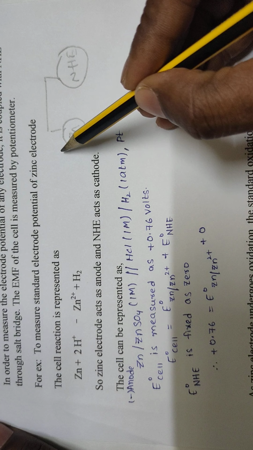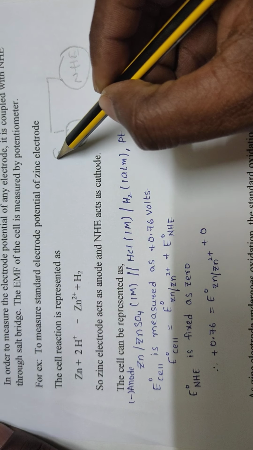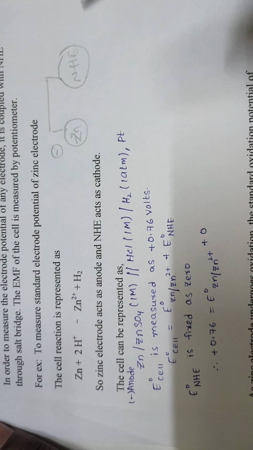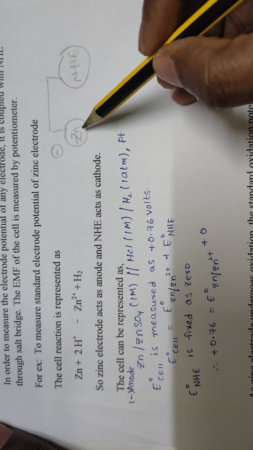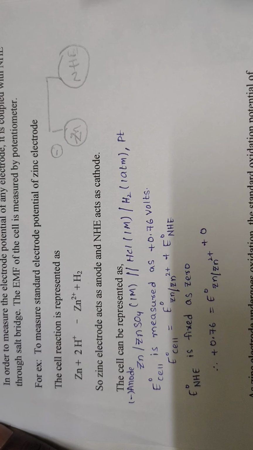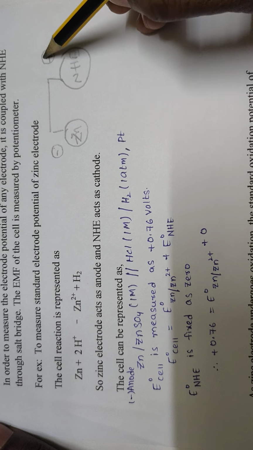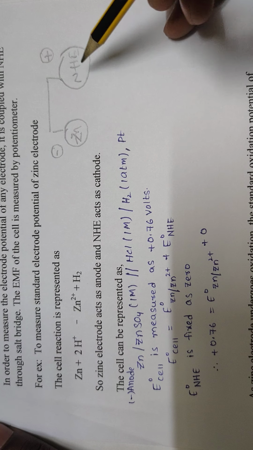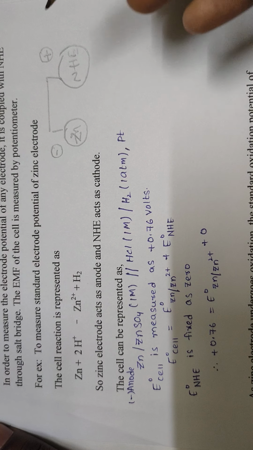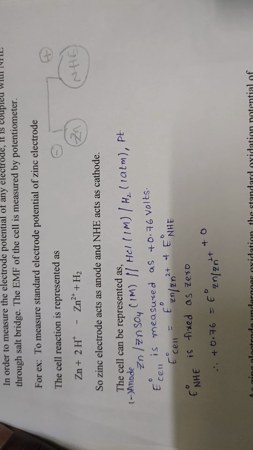Because zinc undergoes oxidation, it acts as anode, so it should be placed at the left hand side. When zinc undergoes oxidation, the normal hydrogen electrode should undergo reduction, so it acts as cathode. A reference electrode has the nature of both oxidation and reduction; it acts as both anode and cathode.